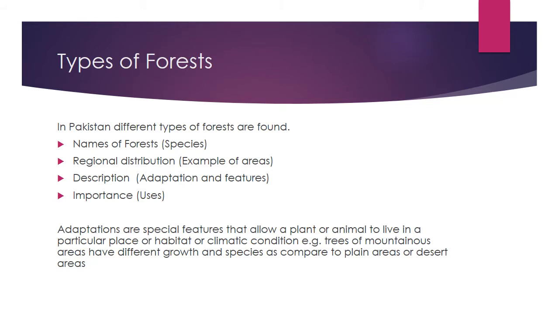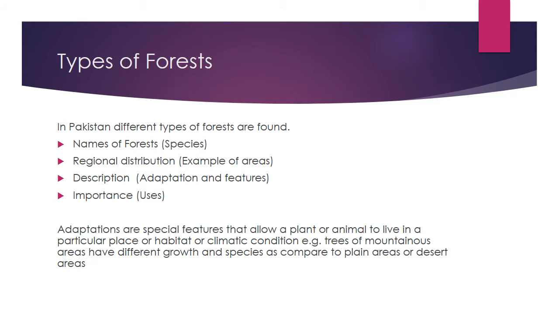After that, we will learn about the description of these forests. Description means how they look like or what are the important features of these forests or how they are adapted to their environment. So in description, we will discuss the adaptation of different kinds of forests.